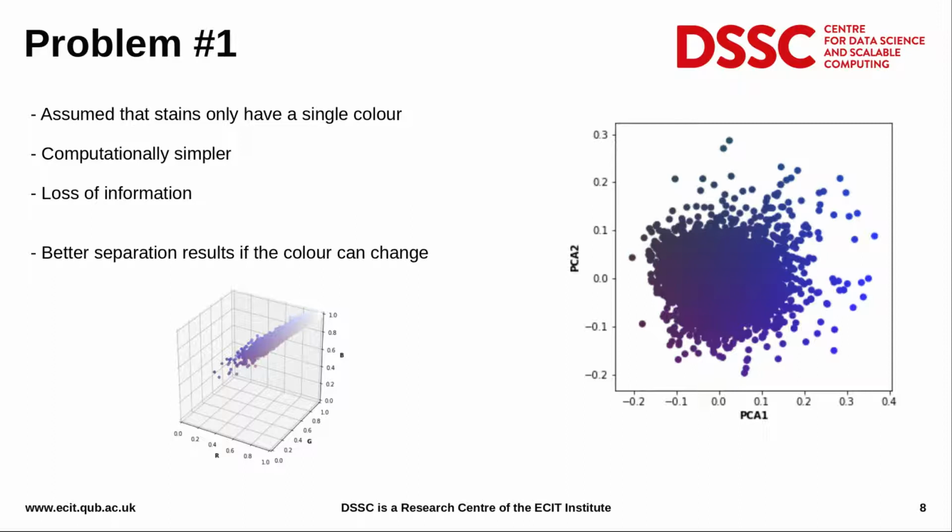On the left-hand figure, RGB pixels sampled randomly from an image containing hematoxylin only are plotted according to their respective intensity values. It can be seen that the colors vary in length and angle, meaning that the color of hematoxylin does vary at different locations in the image. On the right, these sampled RGB vectors are normalized to unit length, and principal component analysis is applied to visualize the color variance.